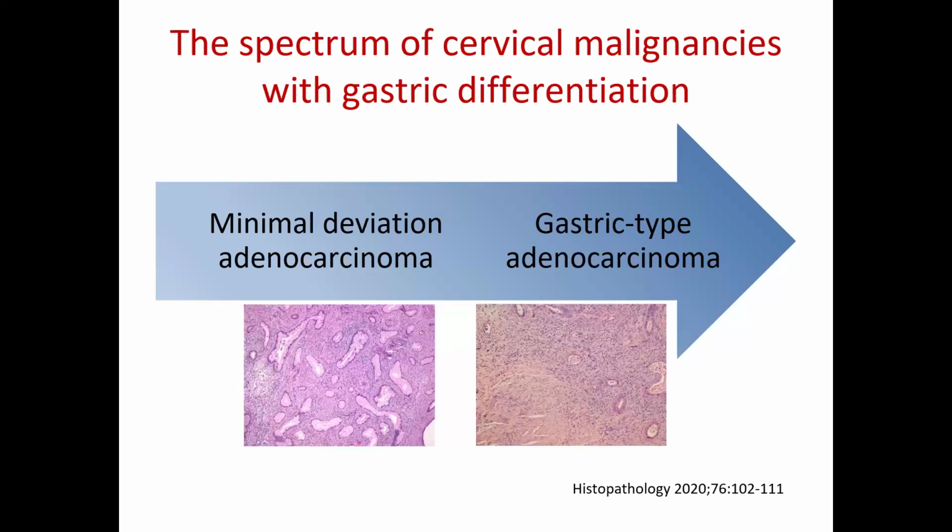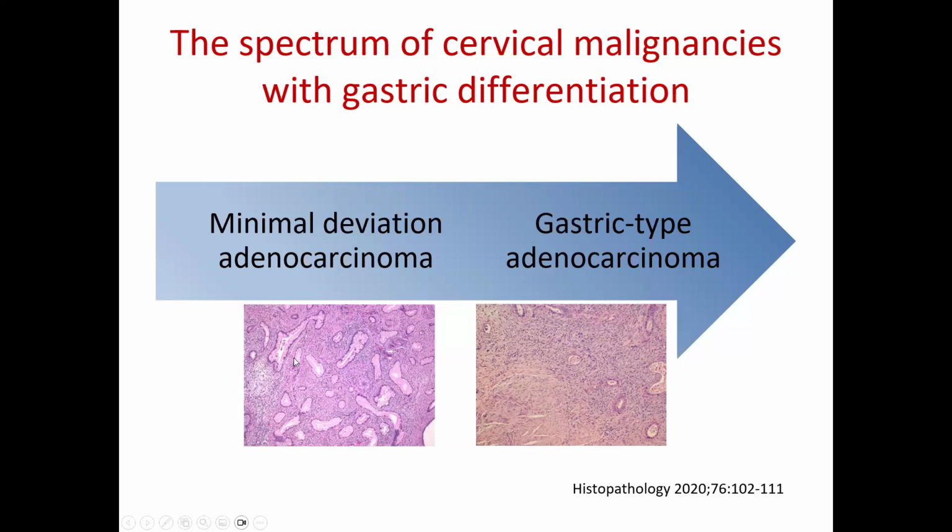So how am I going to diagnose minimum deviation adenocarcinoma? You diagnose it when you have too many glands, it is too crowded, and the glands look all different. Some of them are elongated, some are branching, some are angulated. They look very different from one another.